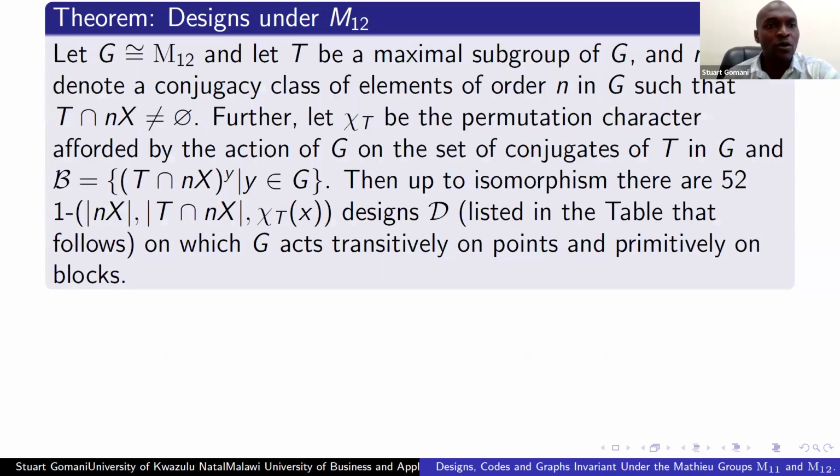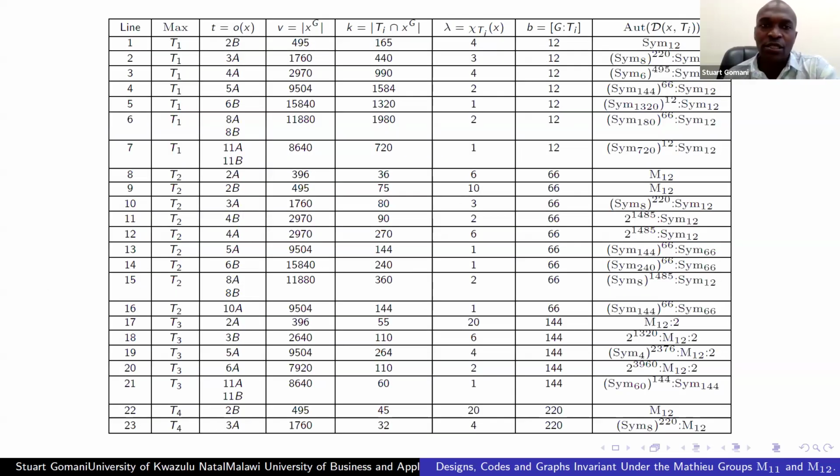Now, when we switch focus to M12 and we have the whole structure of a design under M12, then up to isomorphism, there are 52 1-designs that we can construct under method 2. And those designs are presented in this table. So the information is similar to the information that I've shown under M11, where the third column here is giving us the conjugacy class.